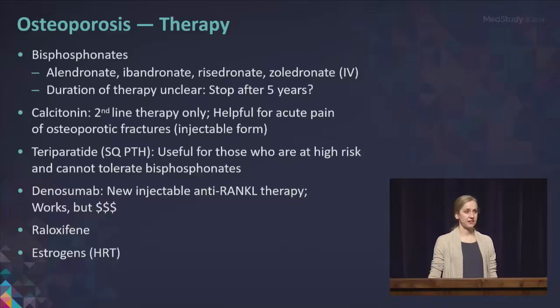It's very, very expensive because it's an antibody treatment, but we do use it for patients who aren't responding, who are fracturing, or who really can't tolerate bisphosphonates, for example because of osteonecrosis of the jaw. And then you always have the option of hormonal treatments, although we don't reach for these quite as quickly anymore because of the cardiac side effects.